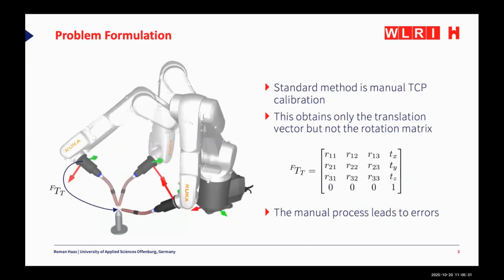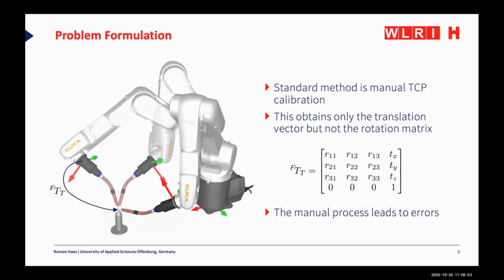This is the standard way for TCP calibration. So this is a manual TCP calibration. The robot operator moves the desired TCP to a stationary tip, for example.